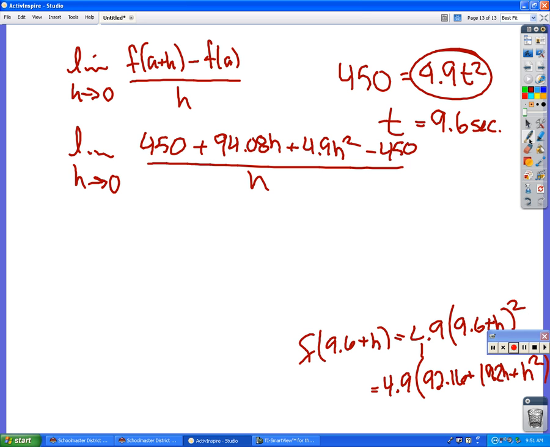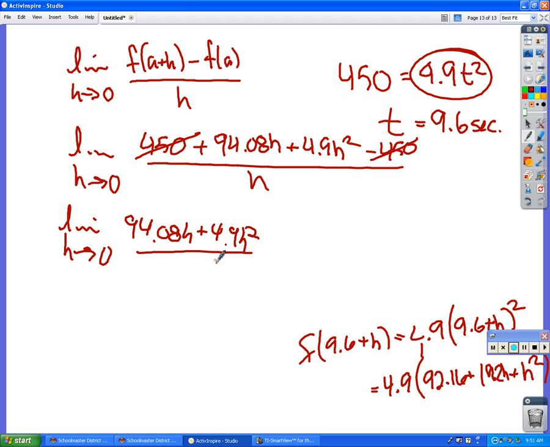Okay, so what can I do to simplify the top? I can cancel out the 450s. And again, like I said, that's not a coincidence that that happened like that. So now I have the limit as h approaches 0 of 94.08 h plus 4.9 h squared over h. What can I do now?